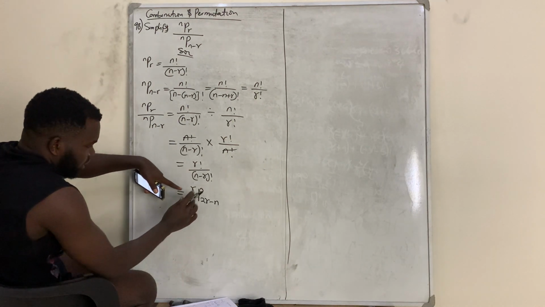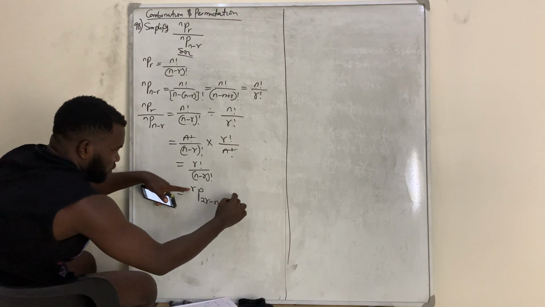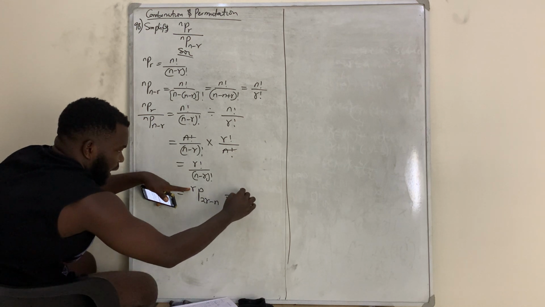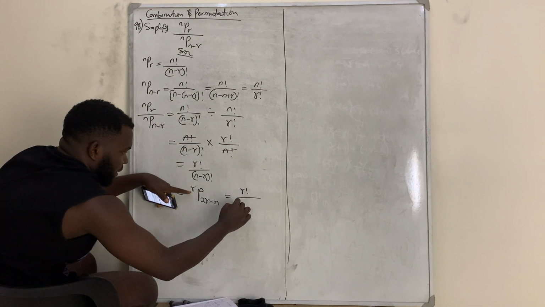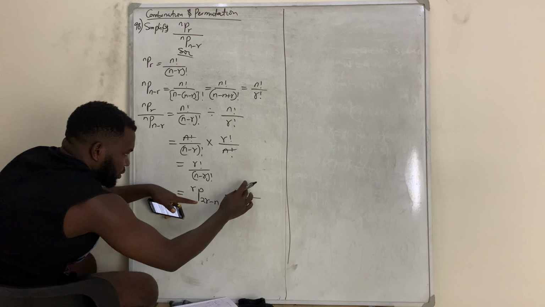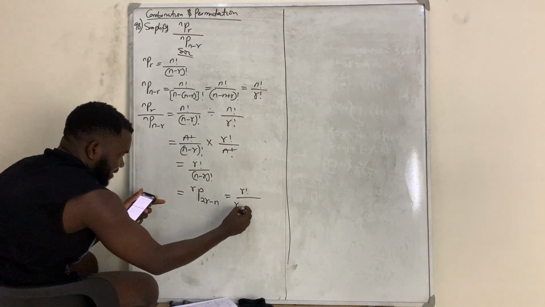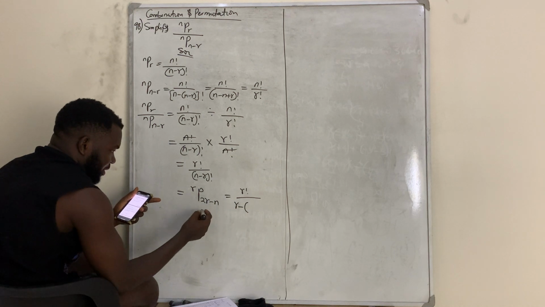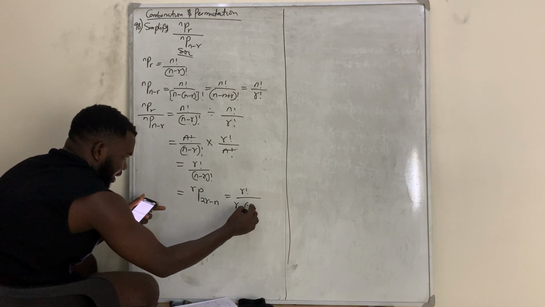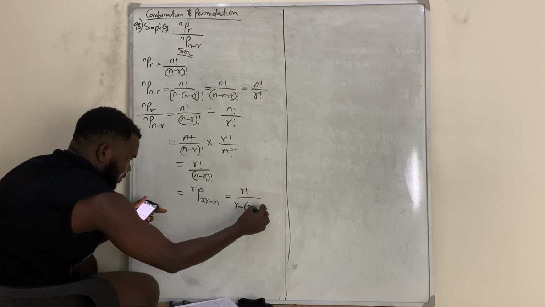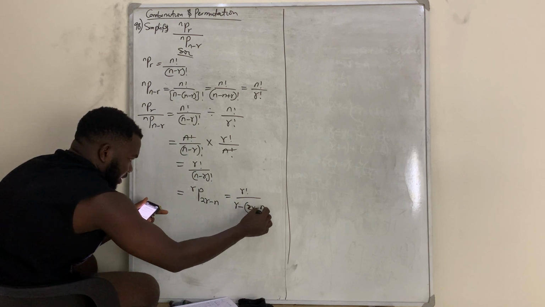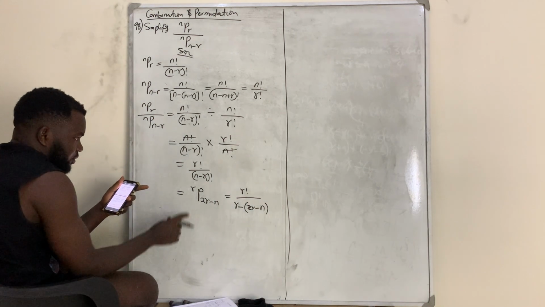Watch, if we split this, it is going to be r factorial all over r, which is this one, then minus 2r minus n. Okay, so is it going to give us this?